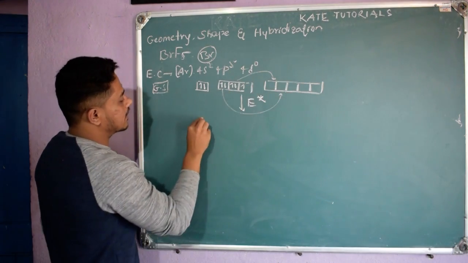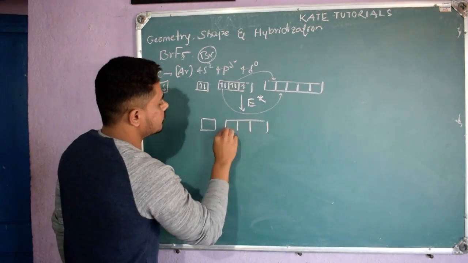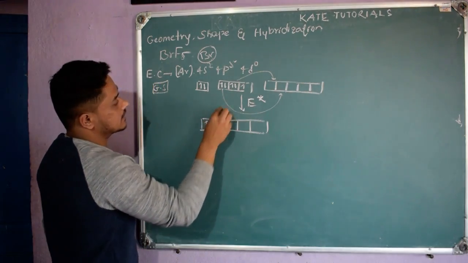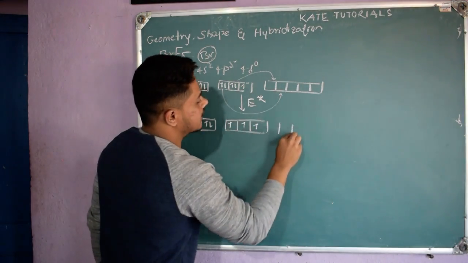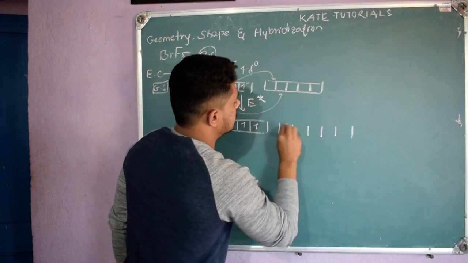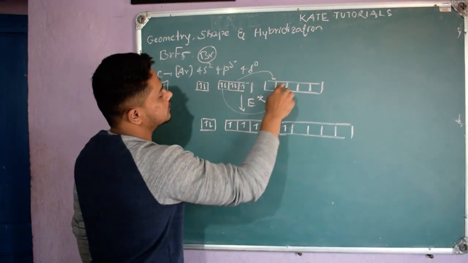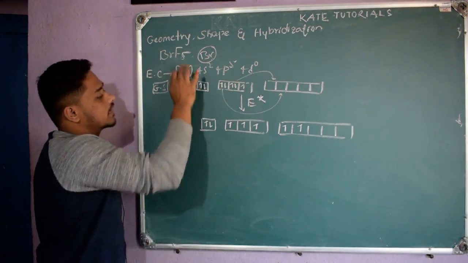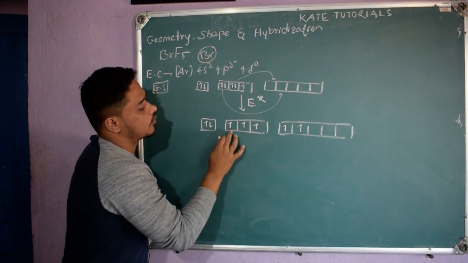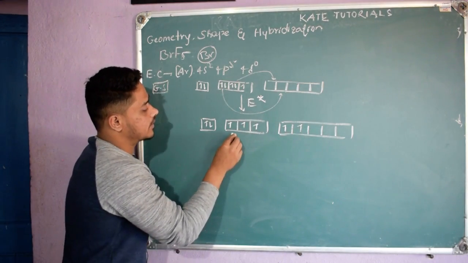In the excited electronic configuration, this lone pair is there as it is. As soon as one jumps here, it will get 1, and this one jumps here, it will get 1. Right. So now 5 fluorine can come and 5 bonds it can form: 1 bond, 2 bond, 3 bond, 4 bond, 5 bond. Because fluorine will come like this, right?